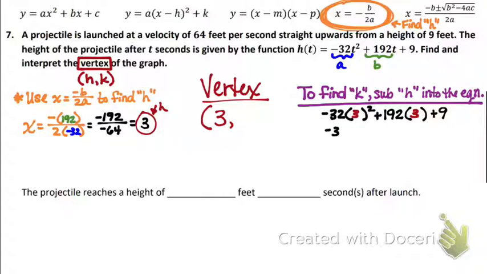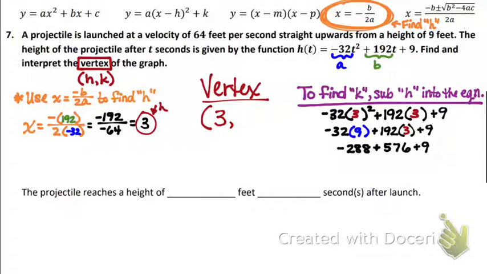What is 3 squared? 3 squared is 9, plus 192 times 3, plus 9. What's negative 32 times 9? Negative 288. What is 192 times 3? 576, yes. Plus 9.